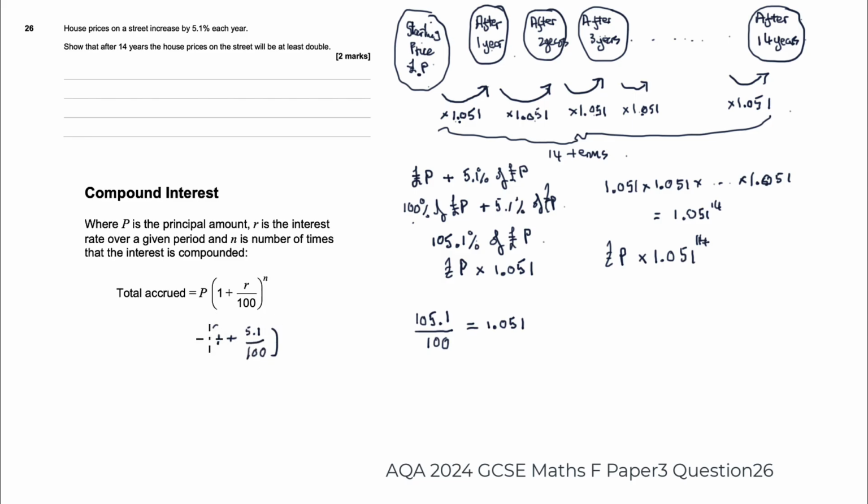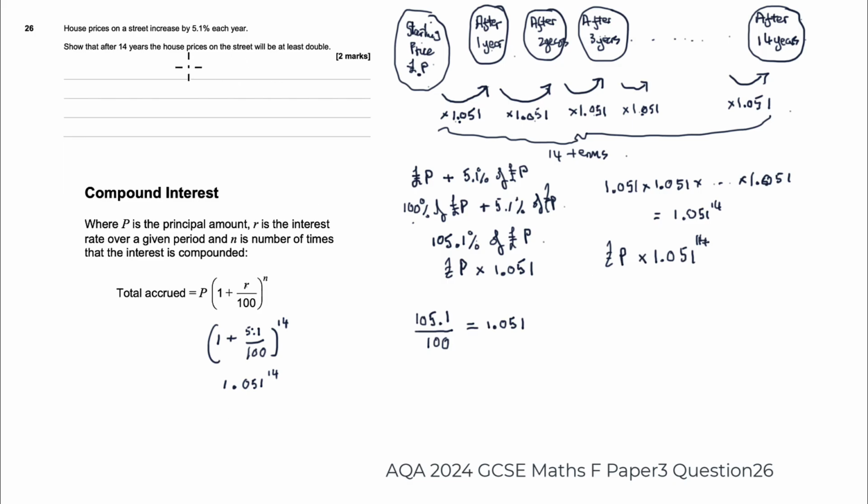And it was for 14 years. So we're replacing R by 5.1 and N by 14. And that gives us 1.051 raised to the power 14. So it's the same as what we're doing here. This is an explanation of why that formula there works.